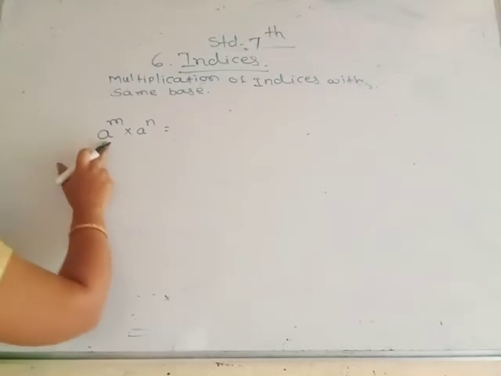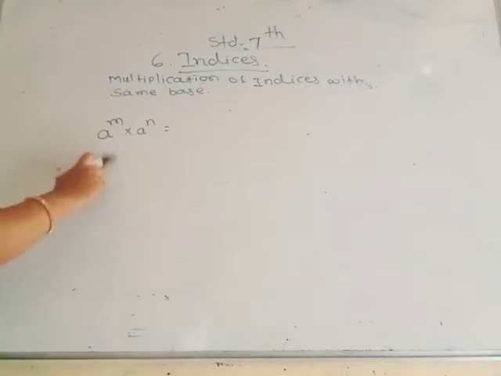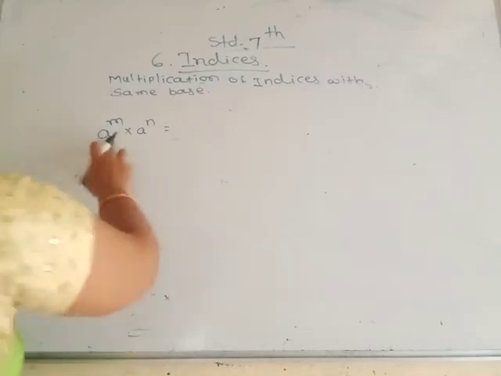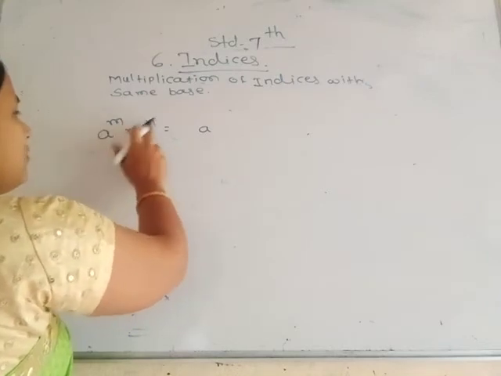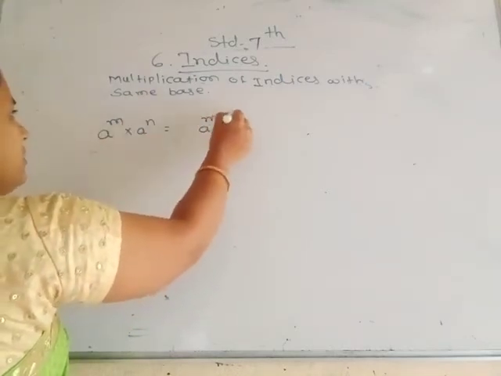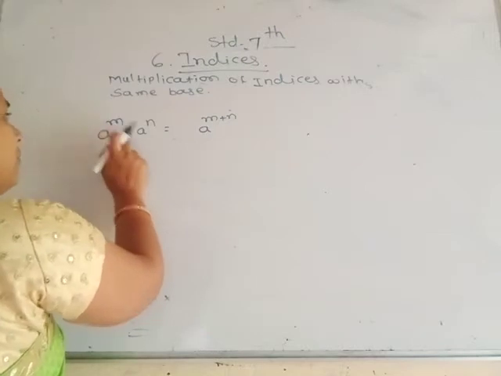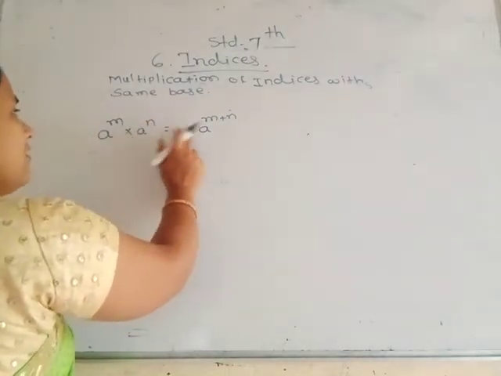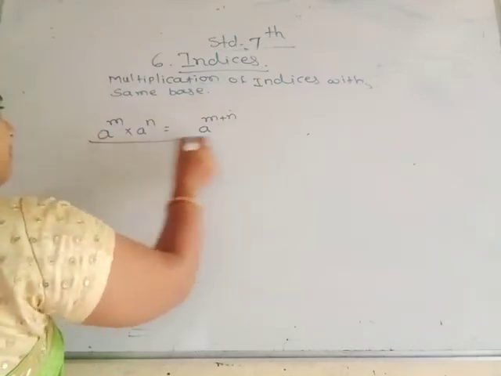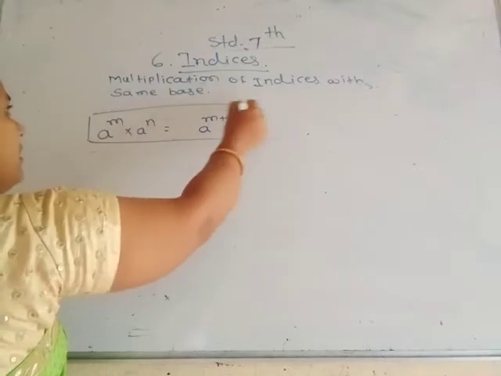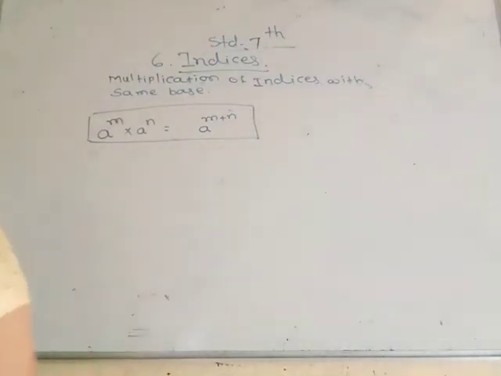Then the two numbers' base is the same. Take the base once, and for the product of these two numbers, add the indices, that means a raised to the m into a raised to the n is equal to a raised to m plus n. This is the formula for multiplication of indices.